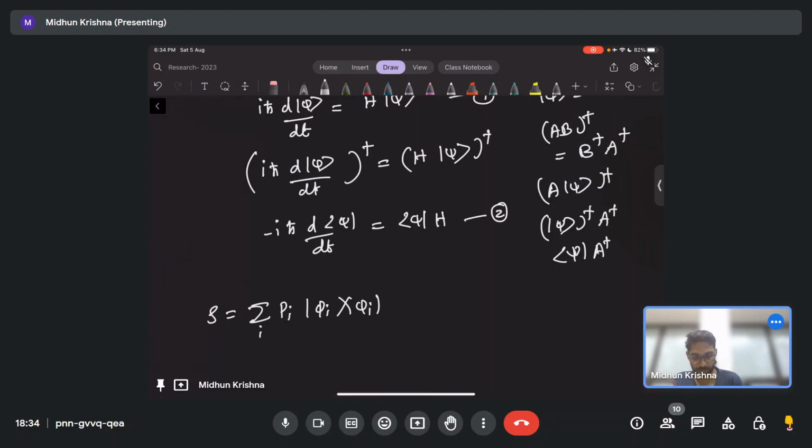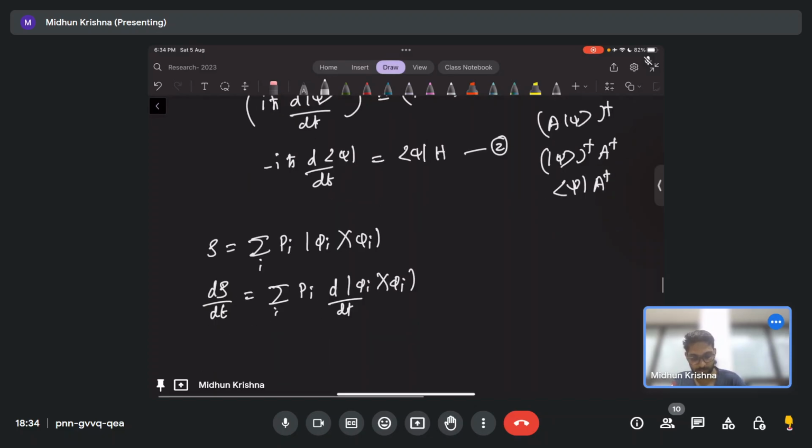So d rho by dt is the quantity that we're interested in, which is sum over i, pi, d by dt of phi i.